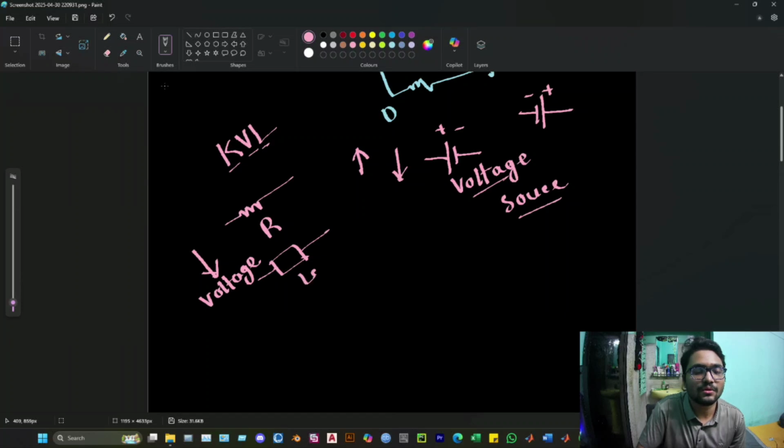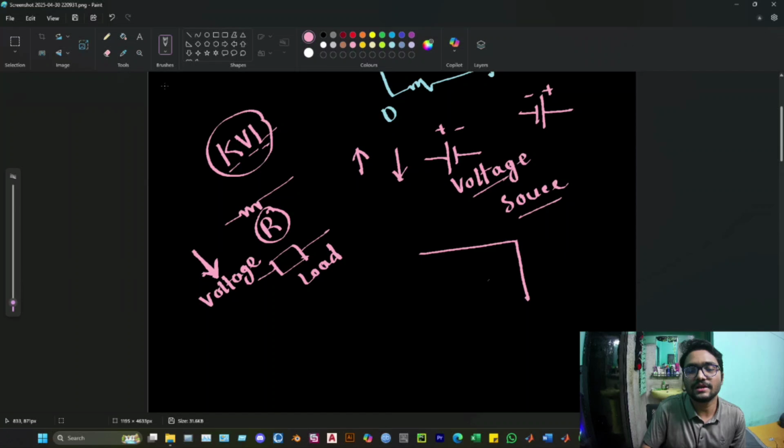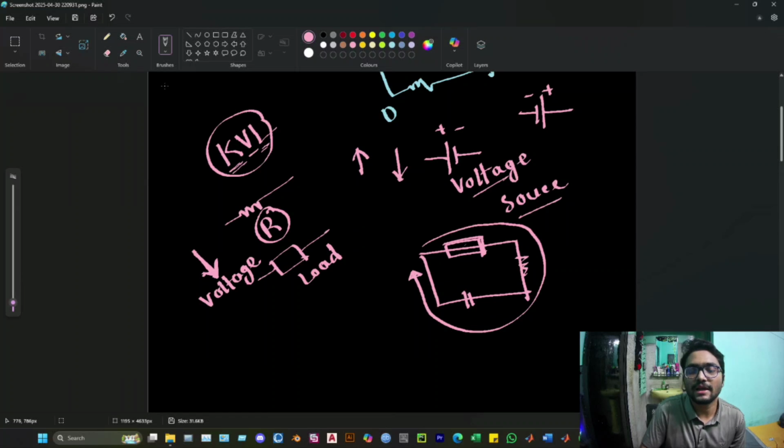Okay, so if this is a load, here we are considering a resistive load. So a resistor will always decrease the voltage. So what Kirchhoff says is, if we consider a closed circuit comprising many elements such as a resistance, a voltage source, battery, or different elements, then KVL says that in a closed loop, if we circulate in any particular direction, all the voltage increases by the voltage sources will be equal to the voltage decreased by the loads or resistances.